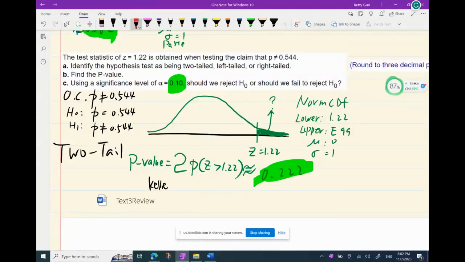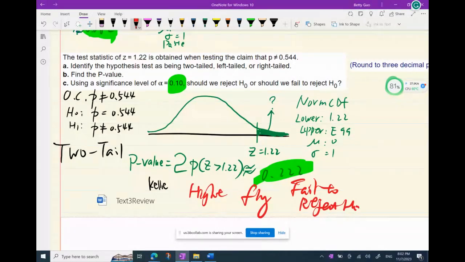So this time the p-value is high, null must fly. So we decide to fail to reject the null. In this case, we fail to reject the null. All right? Is this clear, everybody?